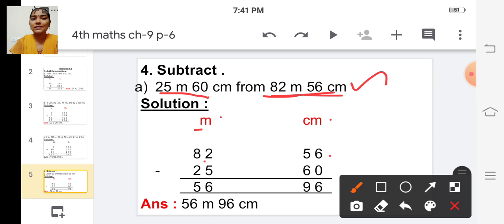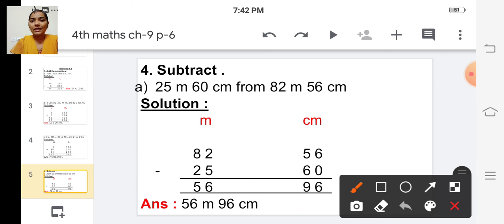So write 56 below this centimeter. Minus 25 meter. So write 25 below this meter and 60 centimeter. So write 60 below this centimeter unit. So now we are going to subtract. Not addition. It's normal subtraction.